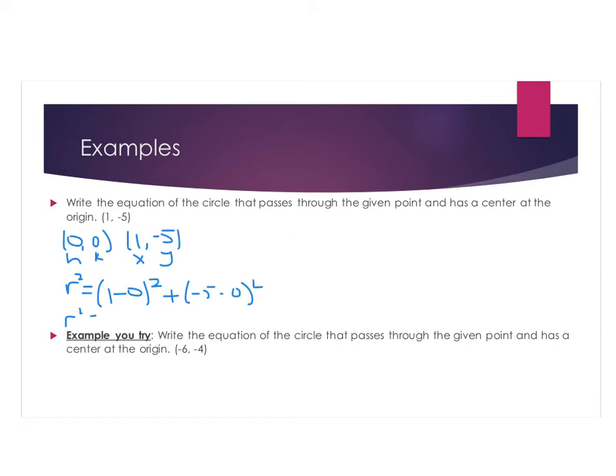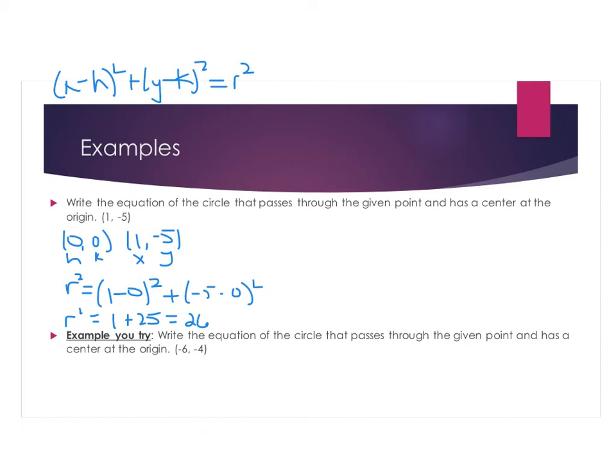So r squared is equal to 1 plus 25, so r squared is equal to 26. The other thing you can think of is that we just used our equation for the circle, plugged in x, y, h, k, and solved for r squared.